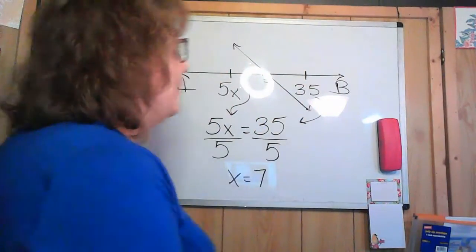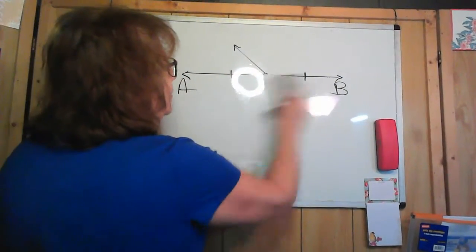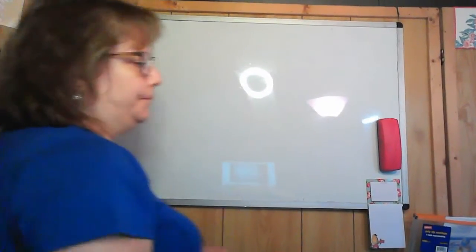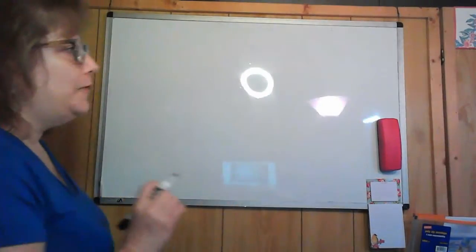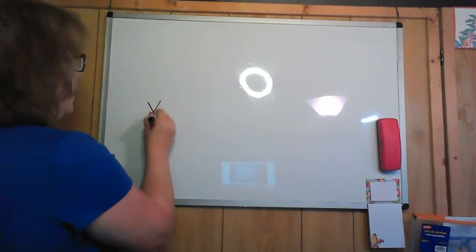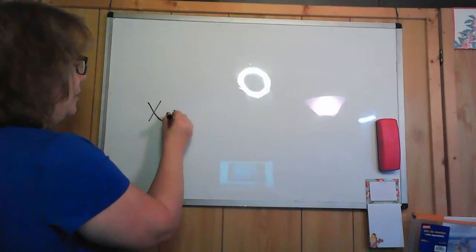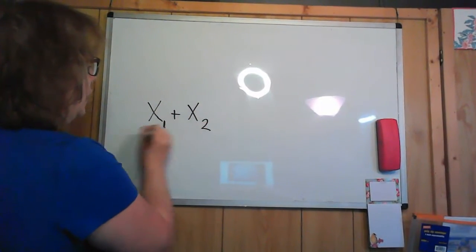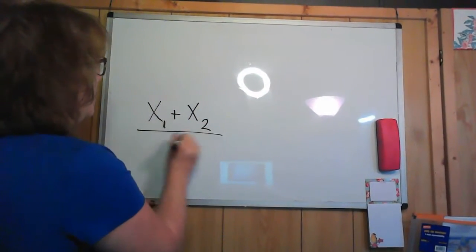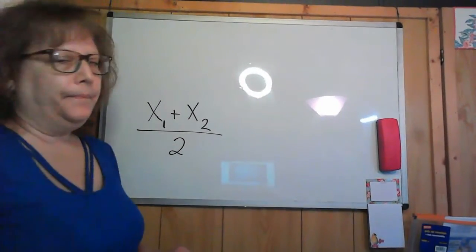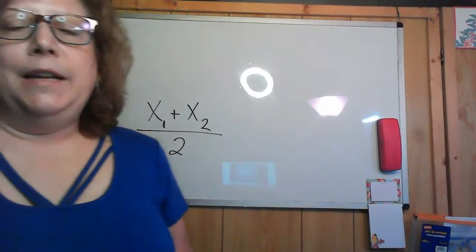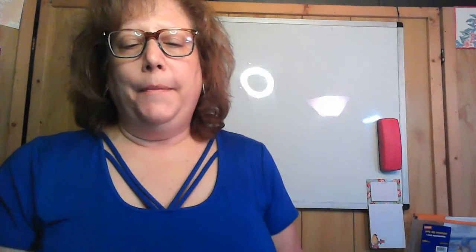So let me see if I can make it a little more simple for you. What I would like to do is first point out the formula. If you want to find the midpoint, it's going to be x sub 1 plus x sub 2 over 2. Remember we talked about these guys last year. We're finding the middle of something.